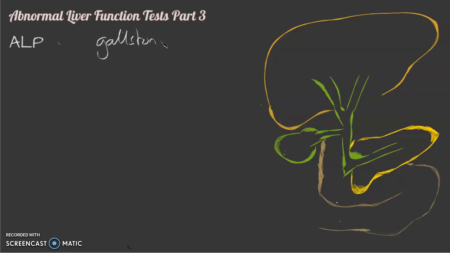Now, gallstones can just be present in the gallbladder and not really cause any issues, so they can be found incidentally, for example, when doing an ultrasound scan or a CT scan. Sometimes these gallstones can cause pain, which we can define as biliary colic.